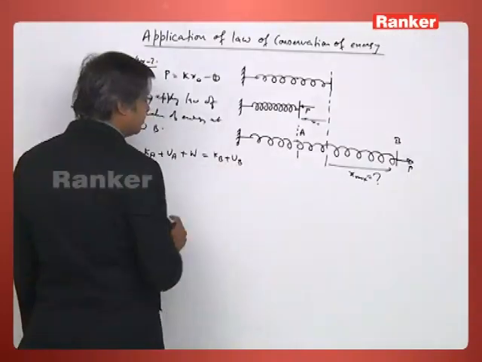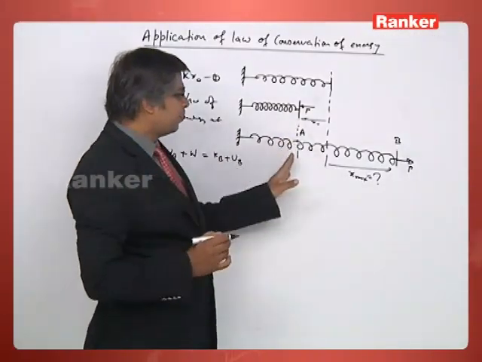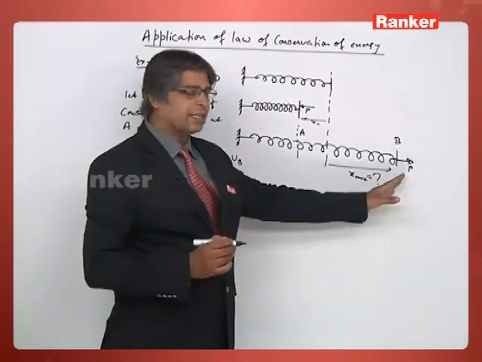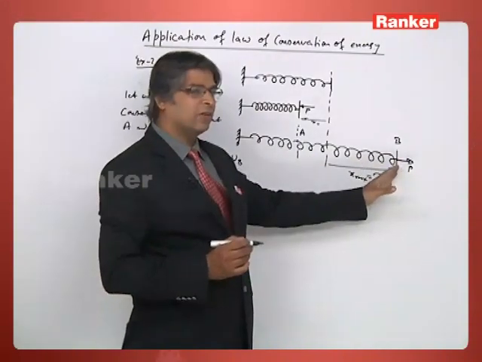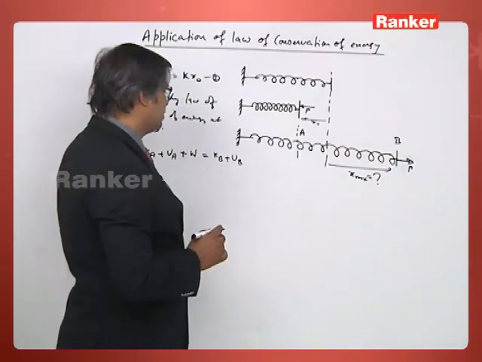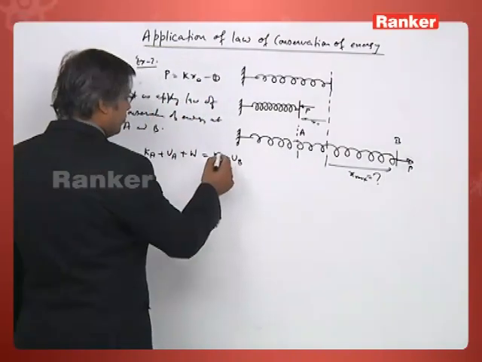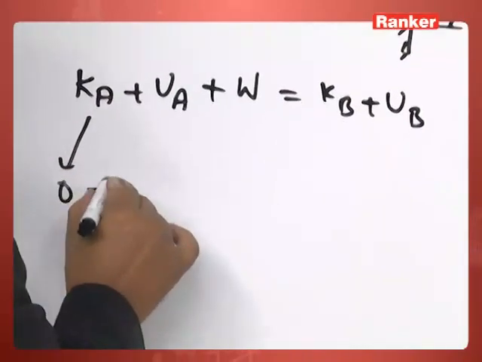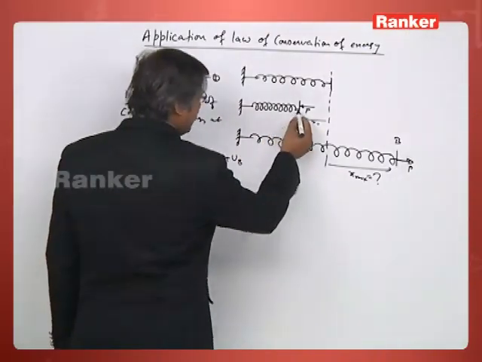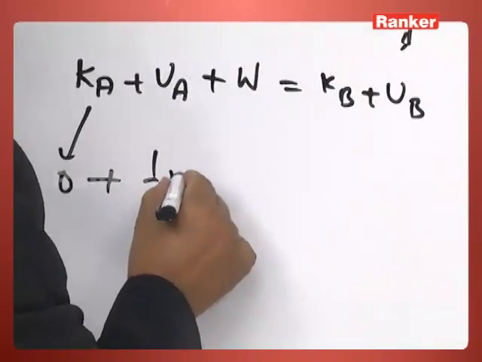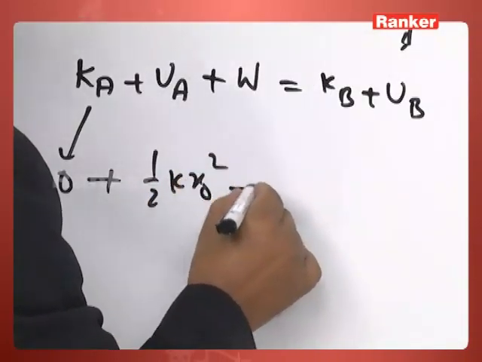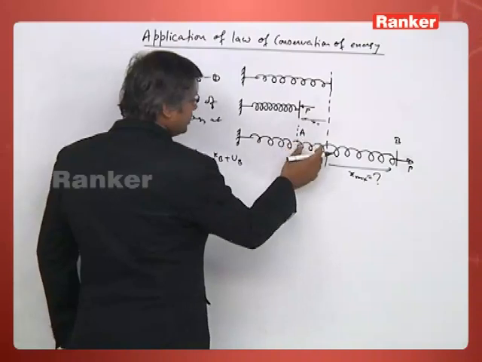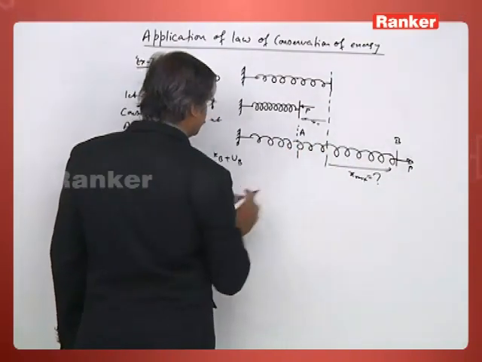UB. Now since it is at rest, because at maximum elongation the velocity at B is 0, this quantity is 0 and this is also 0. So this is 0, and the potential energy at A is half K x naught square. Work done, you see this is x naught and suppose this is x.